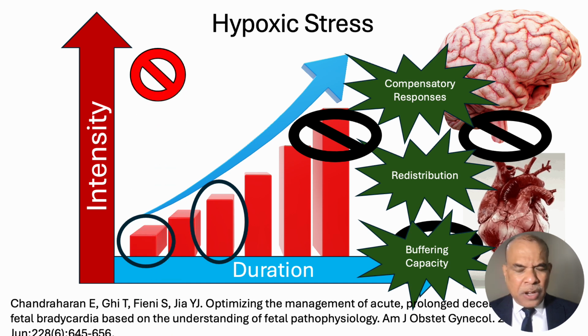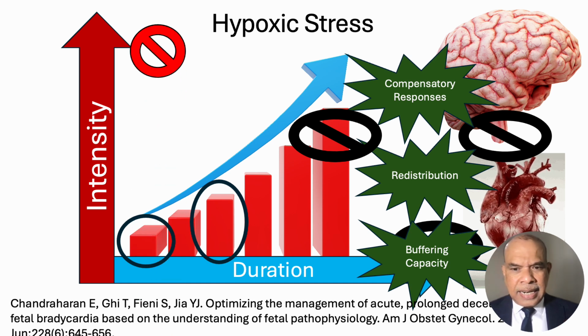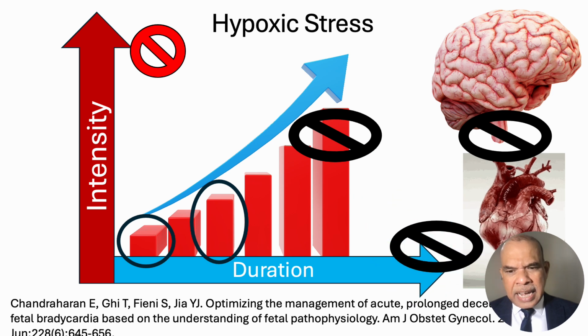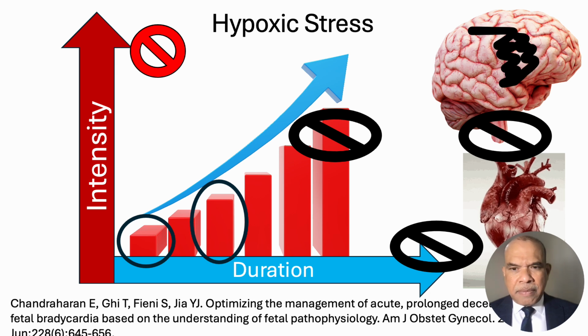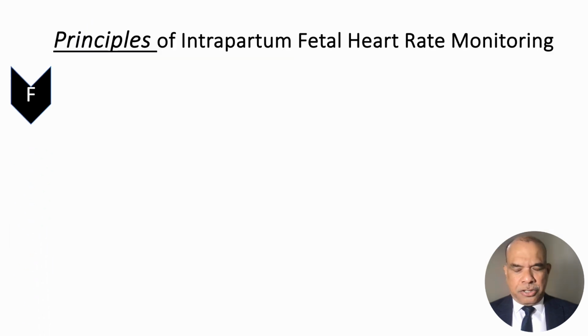But if you have a sudden intensity like abruption or cord prolapse, they may not have these defense mechanisms, and that's why in acute hypoxia, if you have reduced variability before the deceleration, prolonged deceleration, and reduced variability in the first 3 decelerations, we need to rush.